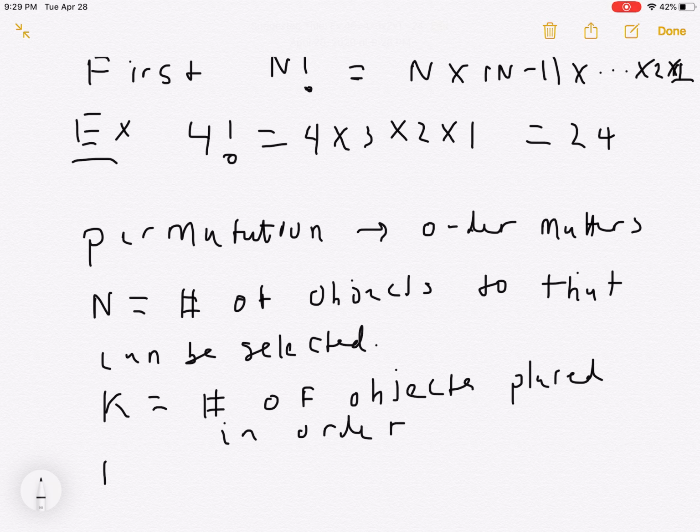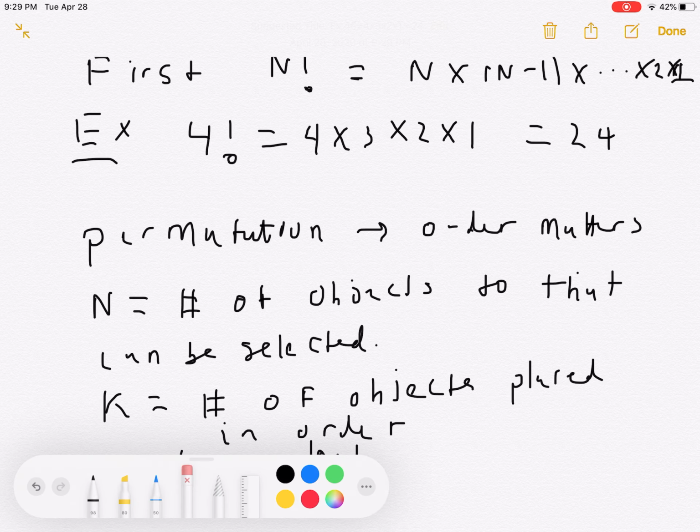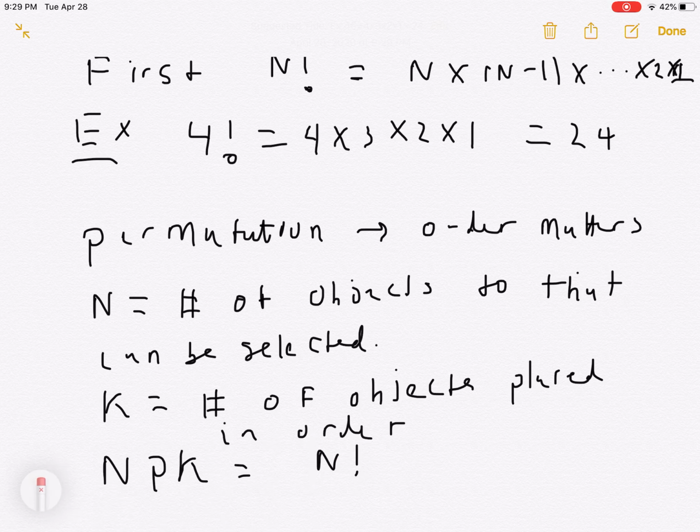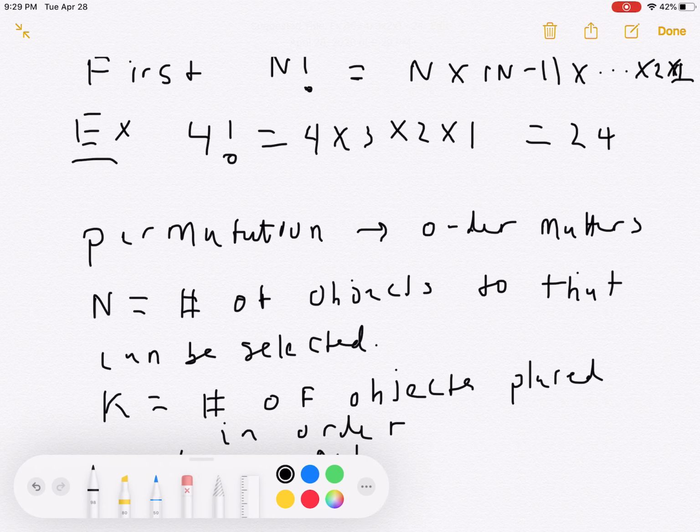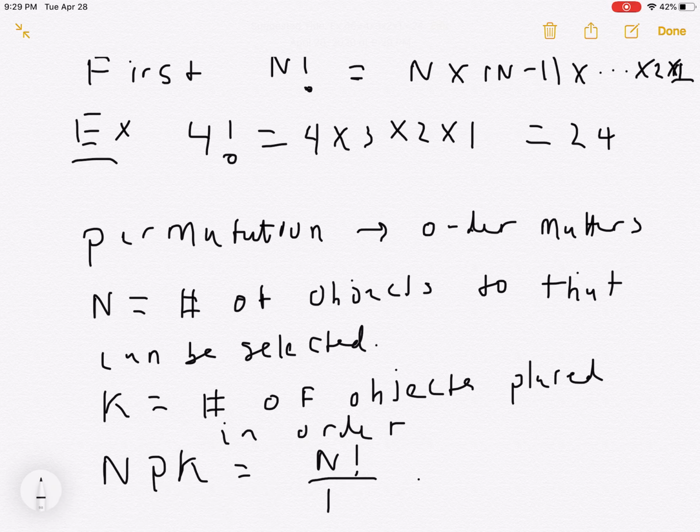Then it's written like this: n permute k is going to be n factorial divided by k factorial. So in our example, there were 10 possible objects and we had 4 slots, so 10 factorial over 4 factorial is how we got the answer in the last one.